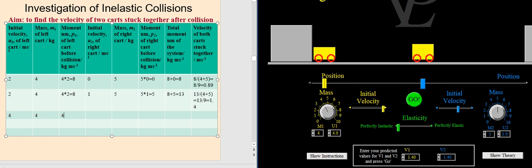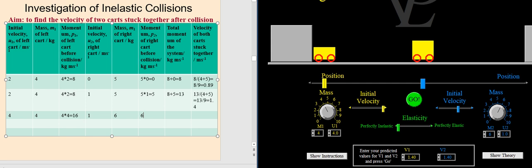So 4 multiplied by 4 is 16. So the left-hand cart is going to have a large momentum of 16 kilograms meters per second. The initial velocity of the right-hand cart we're going to put at 1. So we're going to keep that as 1. But this time we're just going to change the mass up to 6. So we're going to have 1, 6.